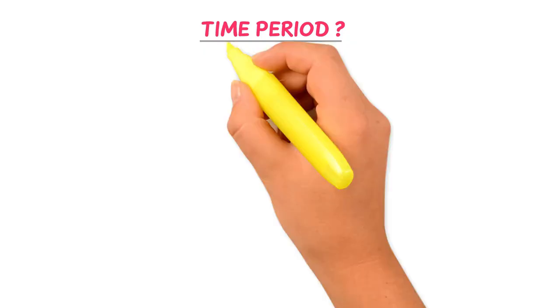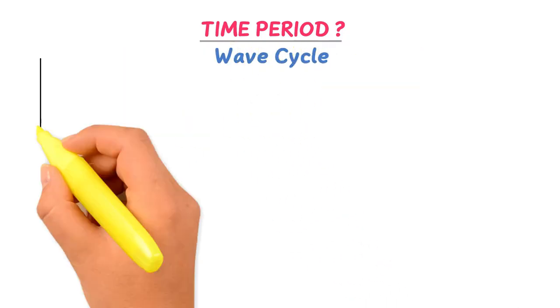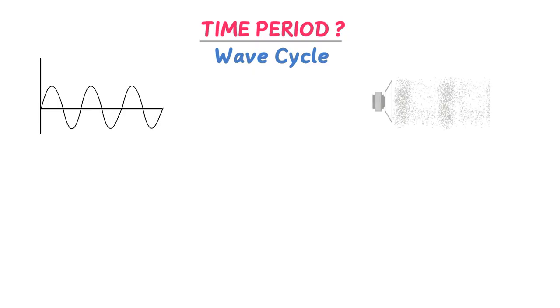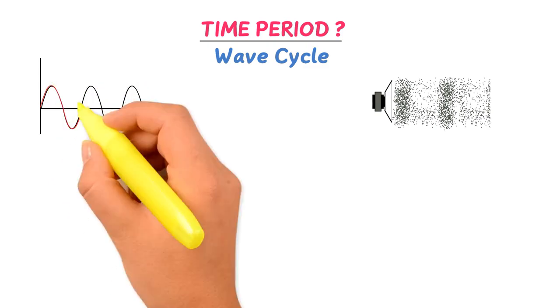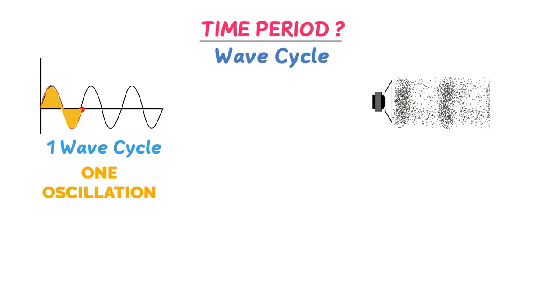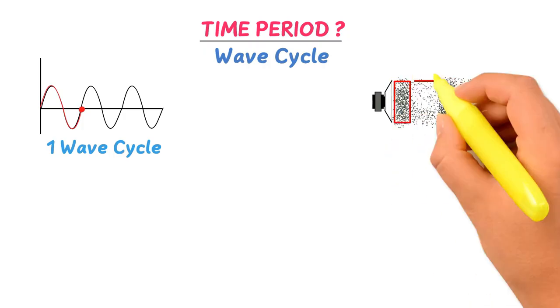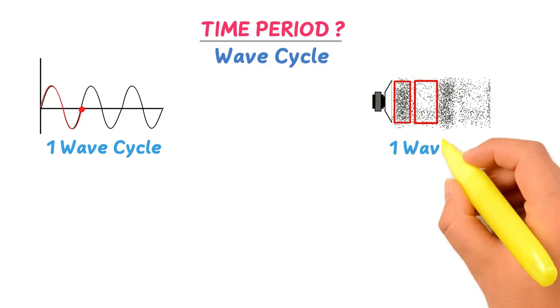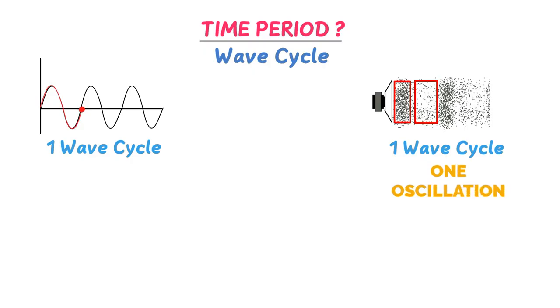Now what is time period? To understand the concept of time period, you must understand the concept of wave cycle. Let's consider the motion of these two waves. In case of transverse waves, one crest and one trough form one wave cycle or one oscillation, while in the case of longitudinal waves, one compression and one rarefaction form one wave cycle or one oscillation.